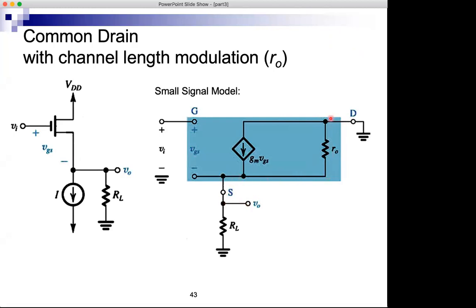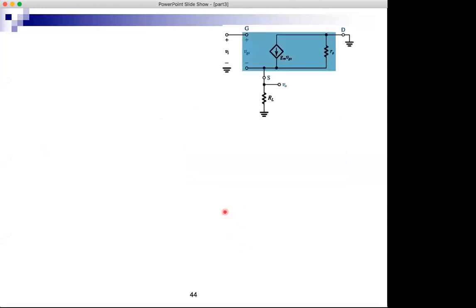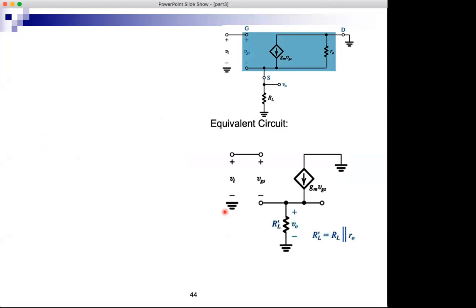So RO is from the output to ground, and this means that it's actually in parallel with RL. So RO can be connected in parallel with RL. I can reuse the same equations, but instead of RL, I will write RL parallel RO. So I get the same circuit, but with an R prime L instead of RL, which is RL parallel RO.